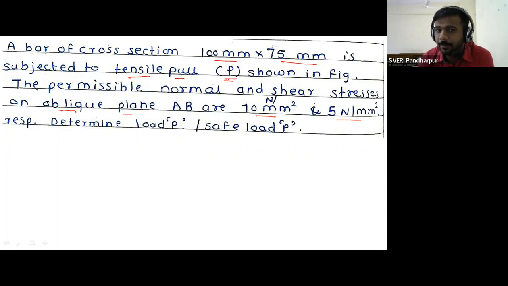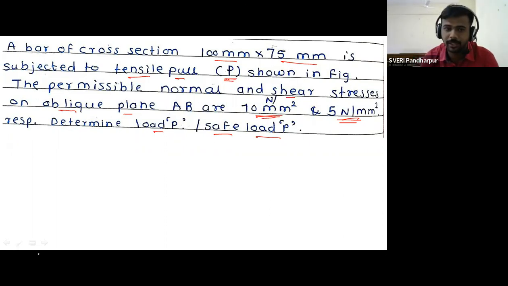So on whatever inclined plane we have considered, the normal stress is equal to 10 Newton per mm square, and the shear stress, which is also called the tangential stress, is also given as 5 Newton per mm square. Determine the safe value of load P. So we have to calculate the safe value of load which is applied on that particular cross section of the member. So the figure is given.